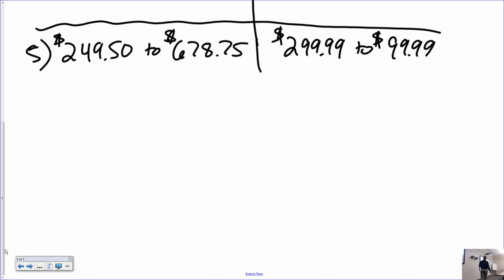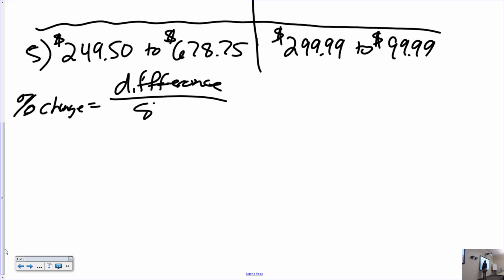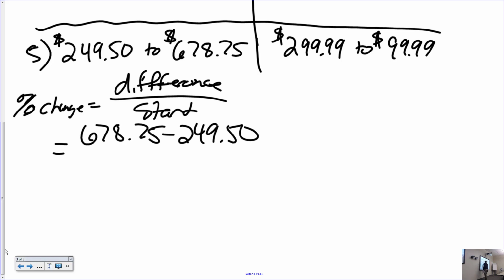Now, how do we do percentage change, folks? Difference divided by where you started. So you need to subtract the two numbers, 678.75 minus 249.50, and then divide by where you started, 249.50.